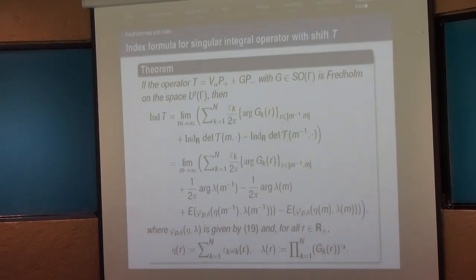Then we apply the argument of lambda of coefficients here and calculate and apply generalized Cauchy indices of such a function phi, and take the limit when m tends to 0. Then we have the Fredholm index of such operators. That's all. Thank you for your attention.